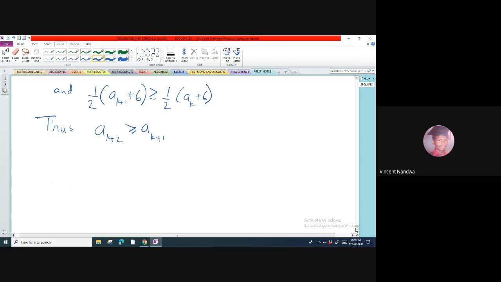So by doing this, we have deduced that an plus 1 is greater than or equal to an is true for n equals k plus 1.